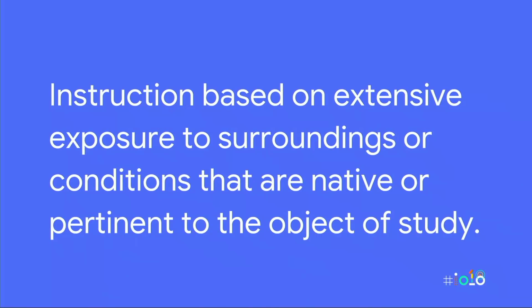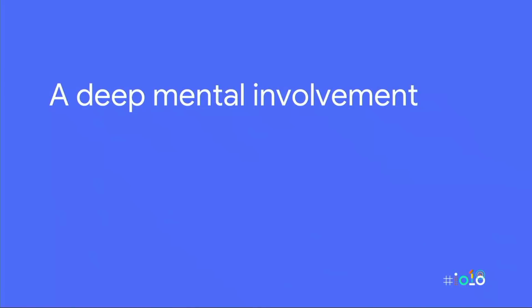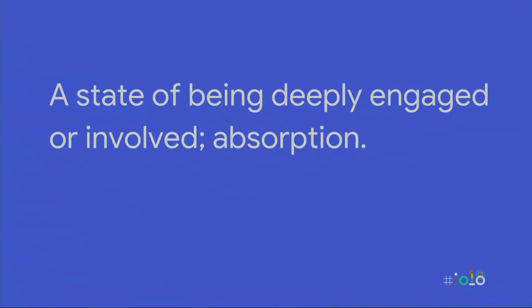Now, this is a lot to take in, so I kept Googling. Here's another definition, much simpler. Immersion is a deep mental involvement. Here's a third one. Immersion is a state of being deeply engaged or involved, absorption. All right, so there are some common themes emerging from all of these definitions.